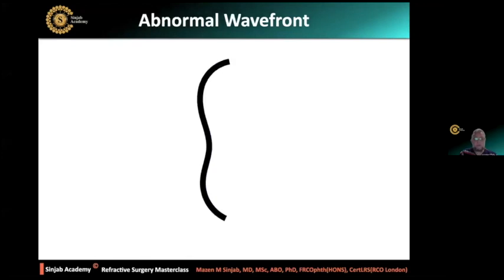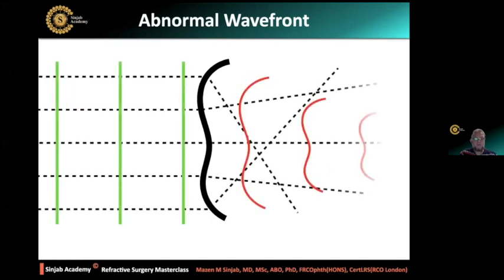Let's see what will happen if the light goes through an imperfect refractive surface. The wavefronts will not be focused in one point, but will take the shape of the imperfect refractive surface.